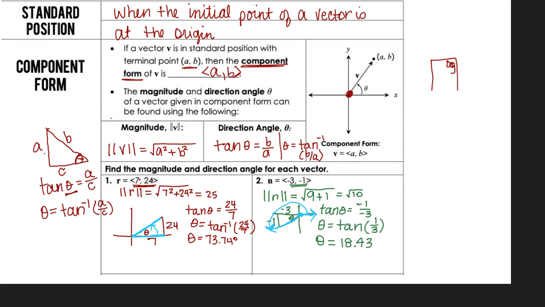So we have 18.43. That's part of the angle. That's that little part. Now, what can I do to get the bigger part? Subtract. Not going to subtract. Add 180 to it. Because do y'all see, part of that is like 180, isn't it? And then adding on that little angle is the rest of it. So if we add 180 to that, that's going to be 198.43, isn't it?